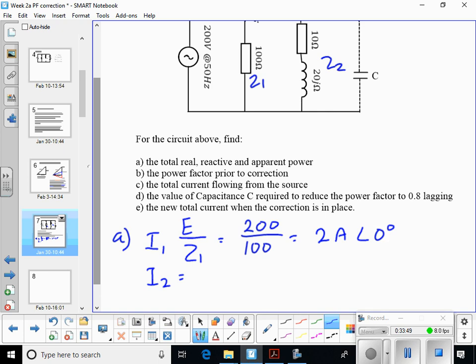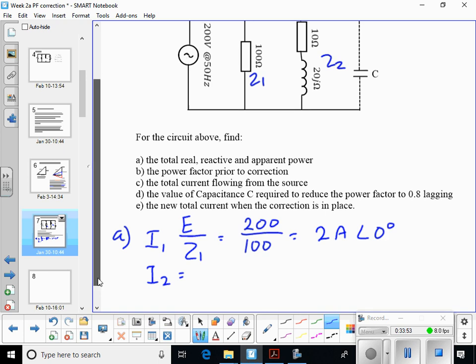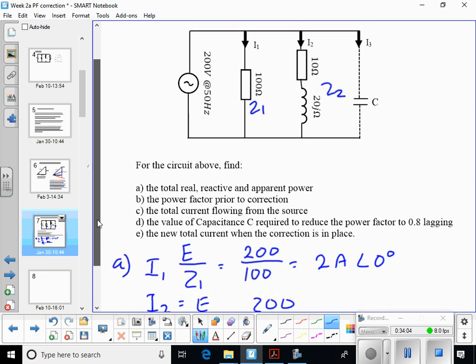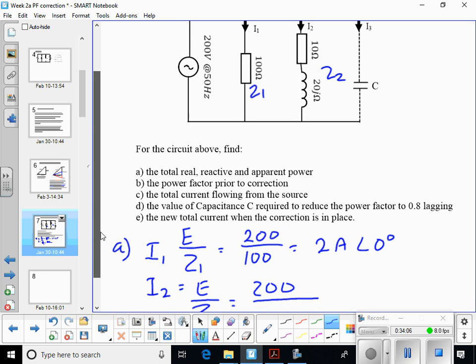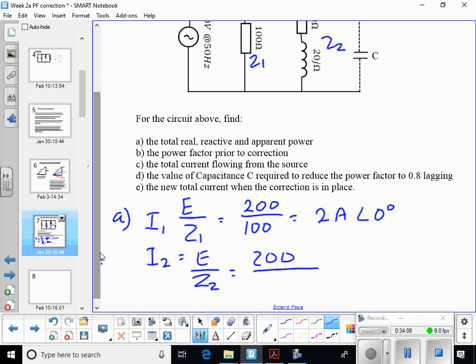Z1 is a resistor. It's just a resistor, isn't it? Yeah? Alright. E over Z2, 200. And now we want Z2 in polar form. We got it in rectangular form, we want it in polar form.